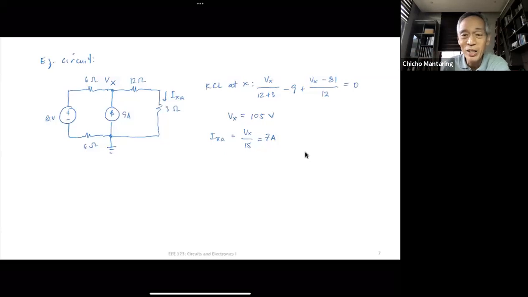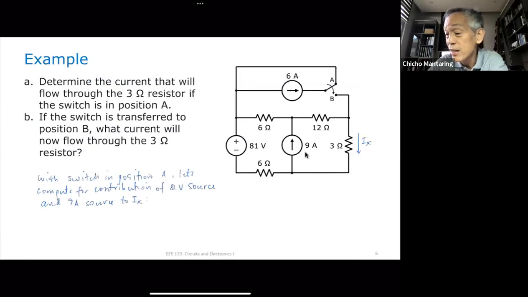You made a mistake somewhere in your calculator. So that's IXA. That solves for letter A. That's the current that will flow through the 3 ohm resistor with the switch in position A.